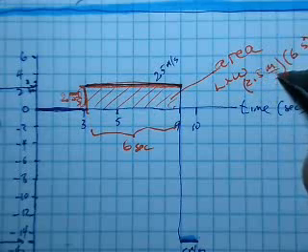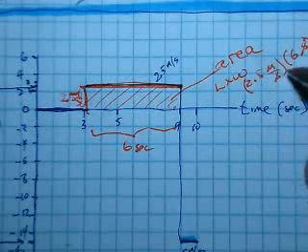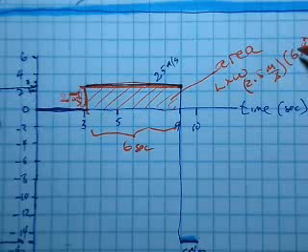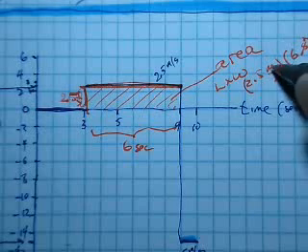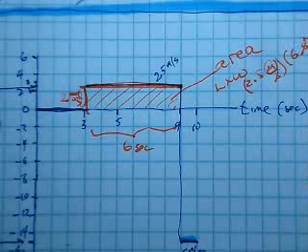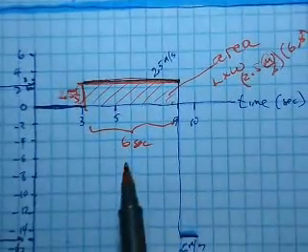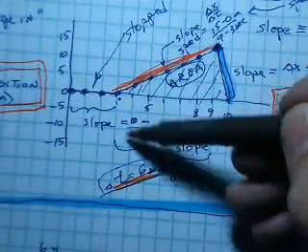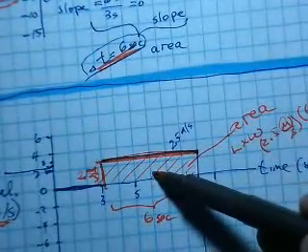The seconds go away, and what's 2.5 times 6 equal to? What's 2 times 6? 12. And what's a half of 6? 3. So what's 12 and 3? 15. 15, and the units are meters. And guess what? That's how far we went in those 6 seconds. It's the same as going from 0 to 15 up here. It's the area there.